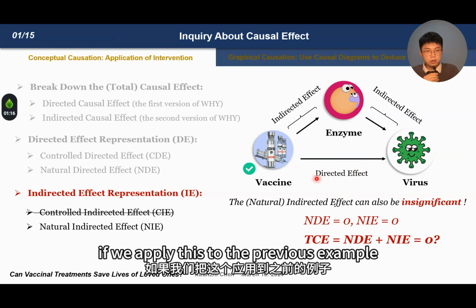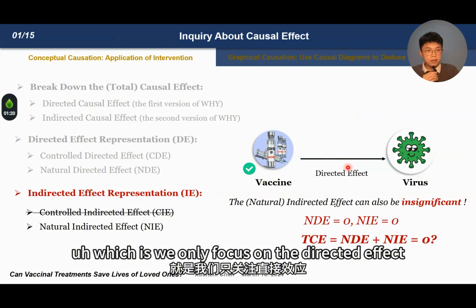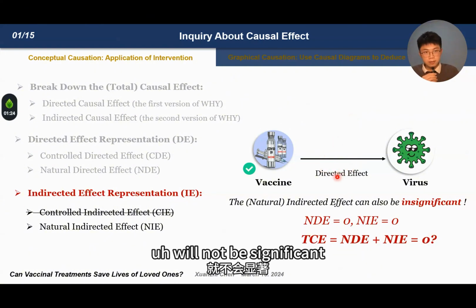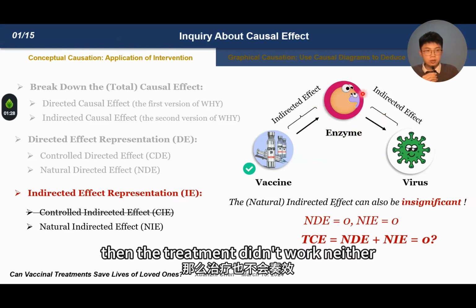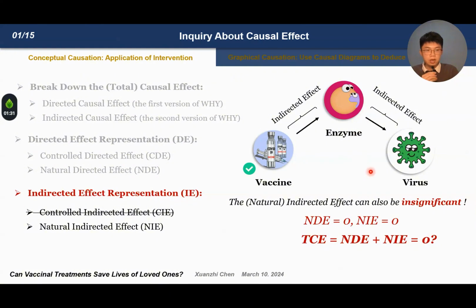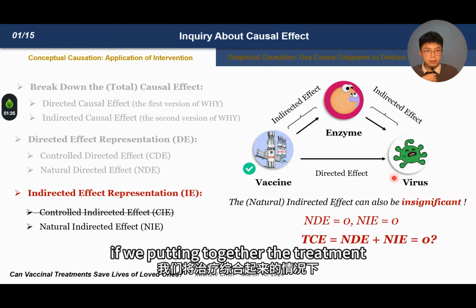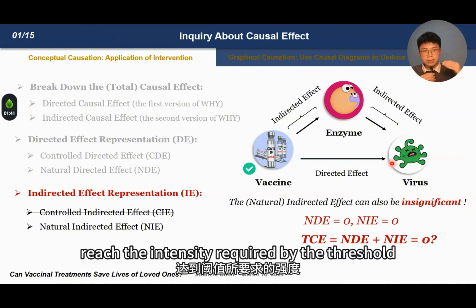If we apply this to the previous example, where we only focus on the direct effect, then the treatment will not be significant. If we only focus on the indirect effect, then the treatment didn't work either. The virus can only be eliminated if we put the treatments together, because only when we put them together can we reach the intensity required by the threshold.